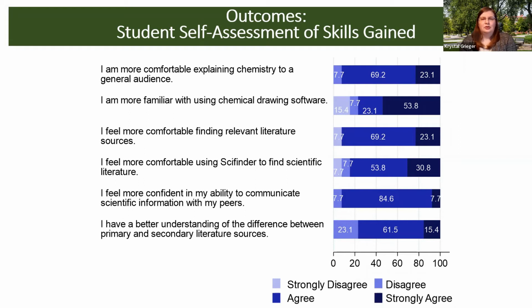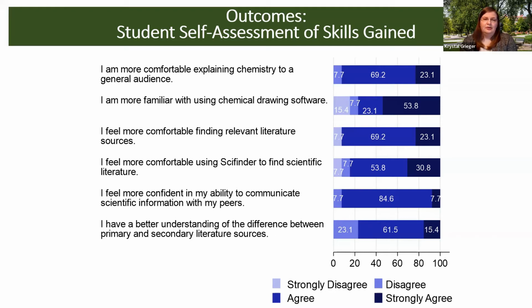We had a much better positive response on that statement when we did it in the fall with their infographics projects. So I think that was partially due to the fact that the students had already been exposed to the software previously. Then we had them look at whether they were more comfortable using SciFinder, which most of them agreed that they were. That was advantageous because at the beginning, using SciFinder was a new skill for them.